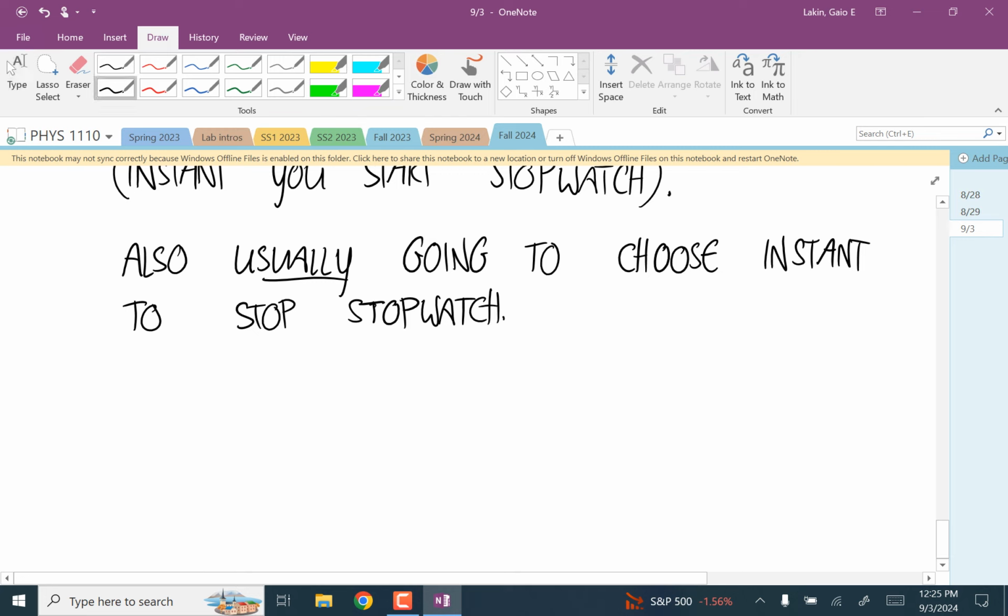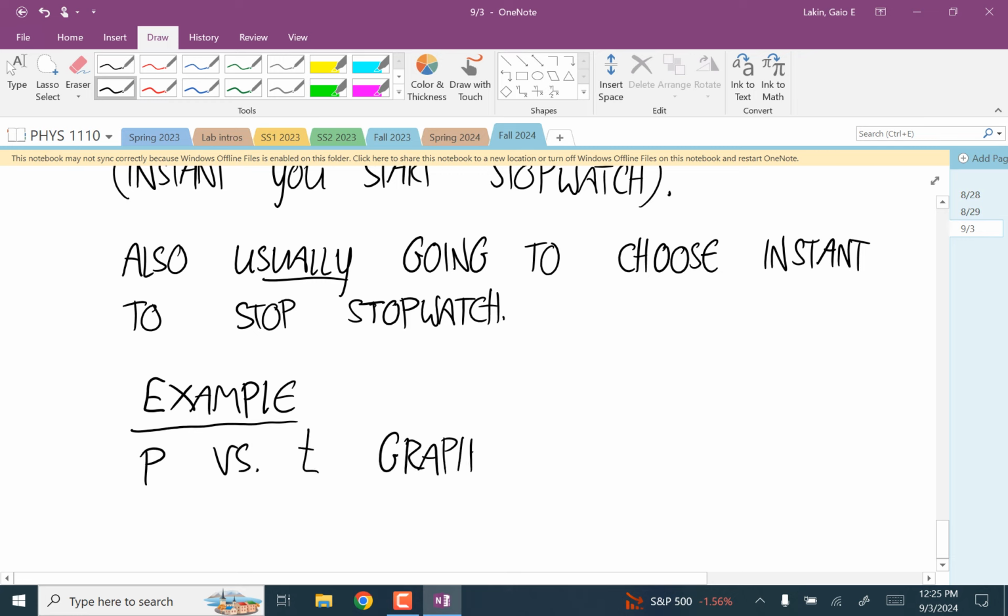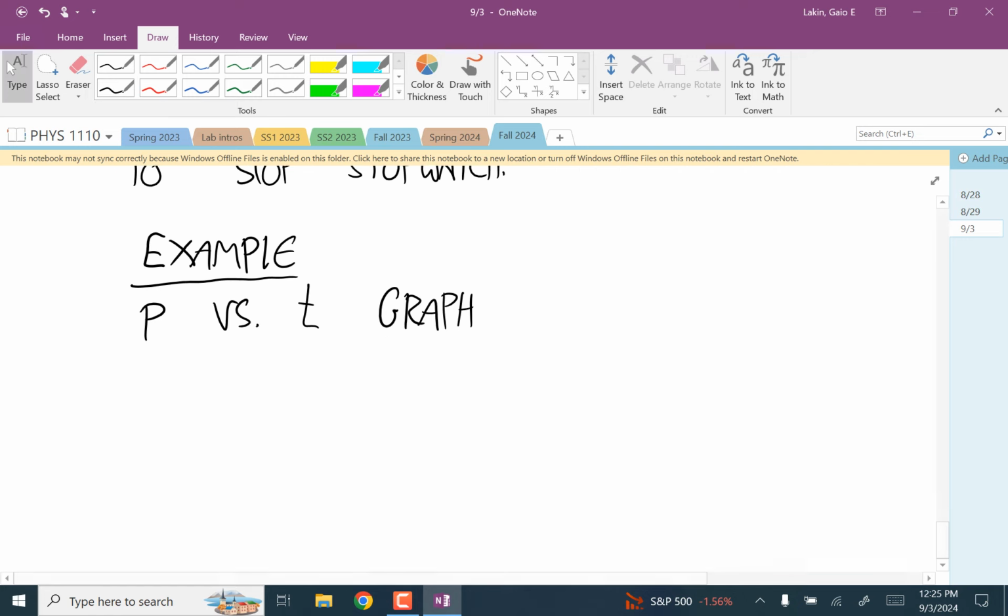Okay, so let's put these things together in a position versus time graph. So this is a P versus T graph. And it says at time equals 0, the position of the object is negative 15 meters.